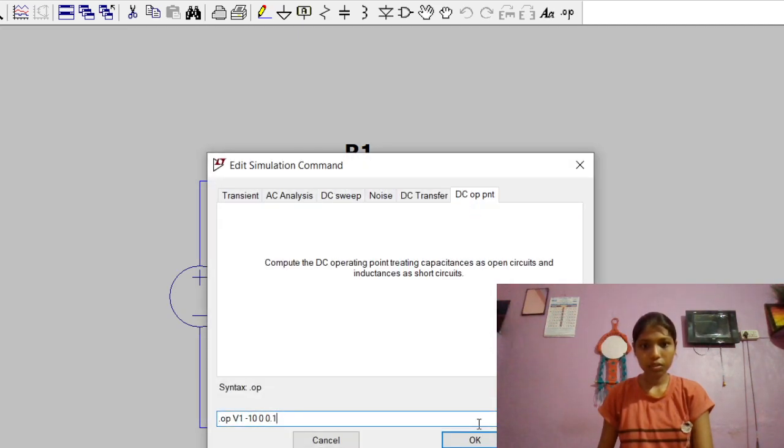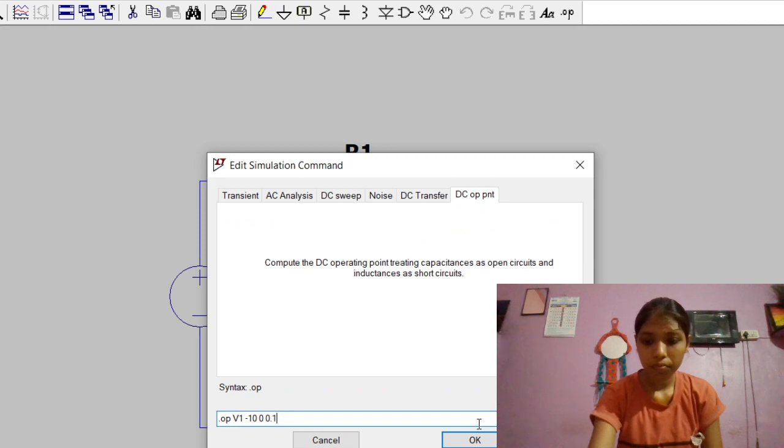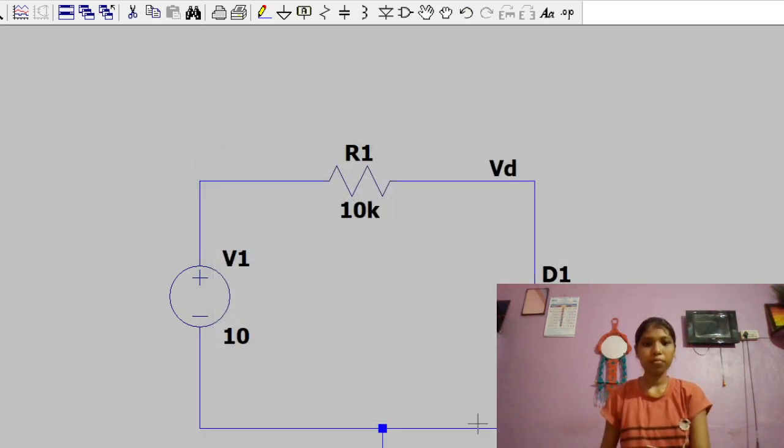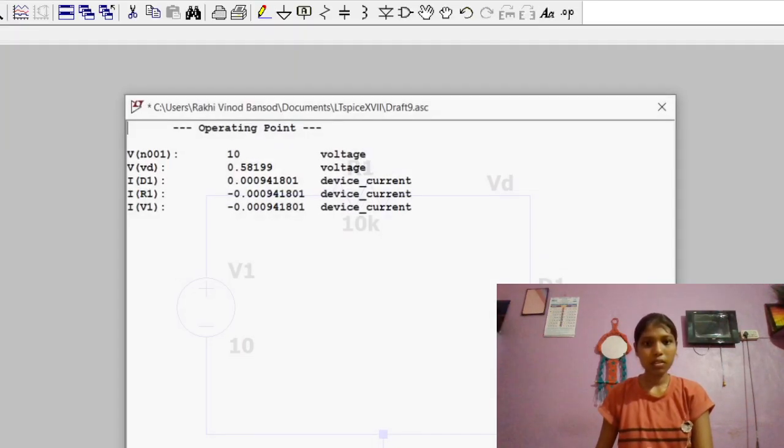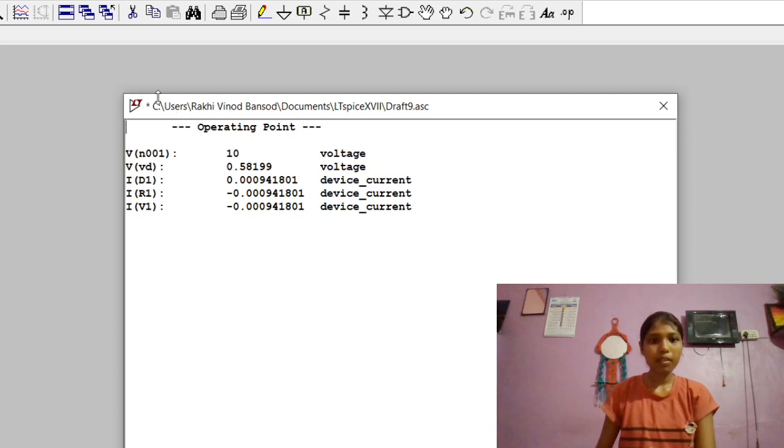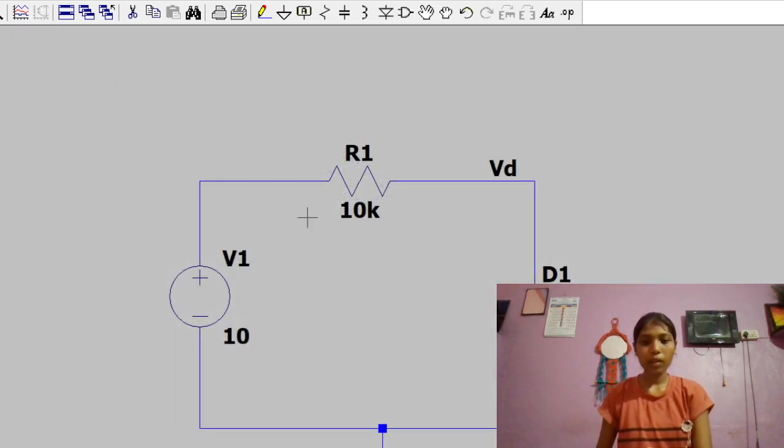DC output. This is the circuit. Let's run it. So we get this value. This is the voltage in the diode and this is the current in the diode. These are the values for forward bias.